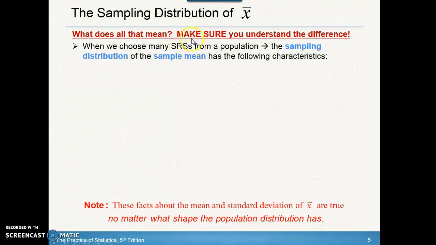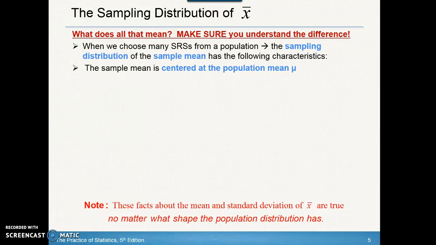Number one, when we choose many simple random samples from a population, we're taking a look at the sampling distribution of a sample mean. That means literally, like I said, we're taking groups of 100, finding the sample mean, putting it on a distribution. When you do that many, many times, you get a sampling distribution with the following characteristics. The sample mean is centered about the population mean mu. So that just means that the sampling distribution has the same mean.